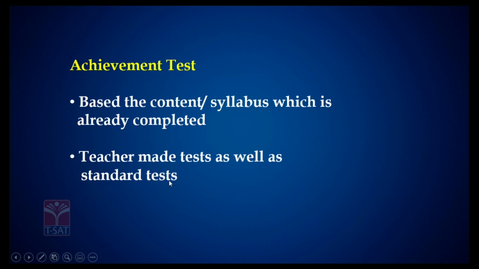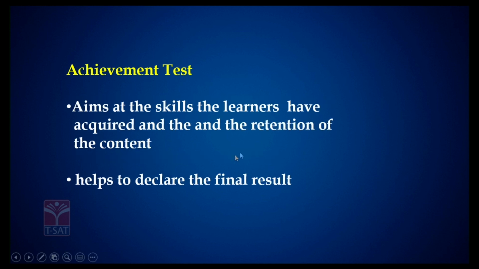So, an achievement test can be teacher-made as well as standard, and it aims at the skills the learners have acquired and the retention of the content, and it helps to declare the final result. So, the end of an achievement test is awarding marks or grades to the students after completing the course.